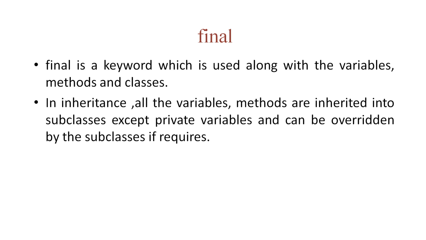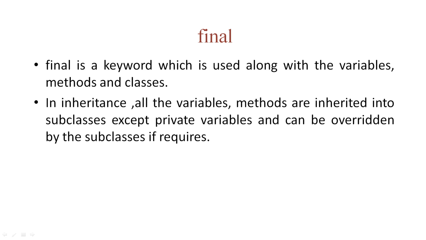Or sometimes you would like to create your variables as constants, and you don't want to modify those variables in some other classes. And if you don't want to create your class as a superclass, you don't want to offer your methods to some other classes, in those situations we can use a keyword called final.